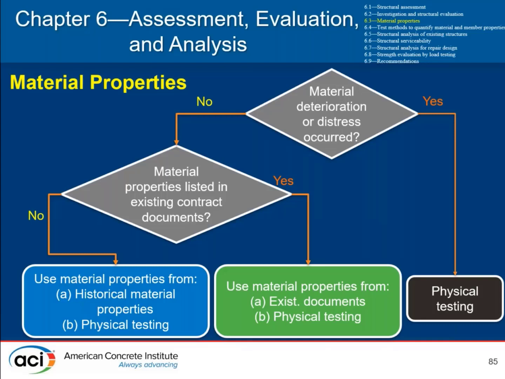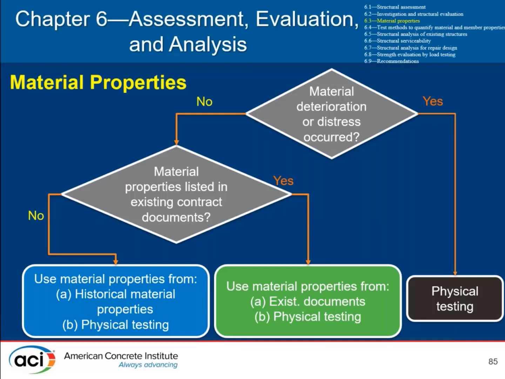If there's no distress, then the next check is to see if you have existing contract documents that list material properties. If you have such documents, then you would use the properties specified in those documents as material properties, and you might augment that information with physical testing.